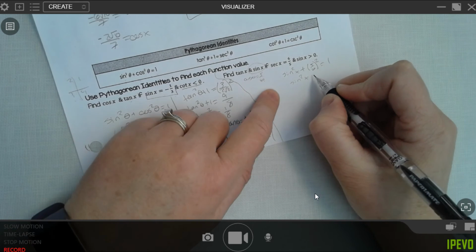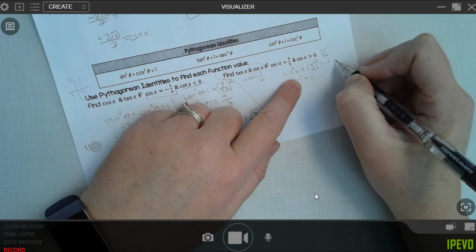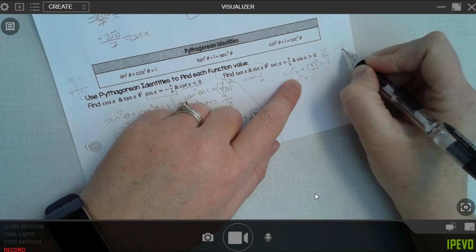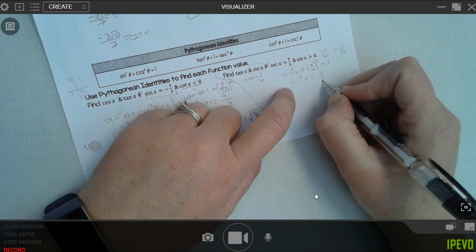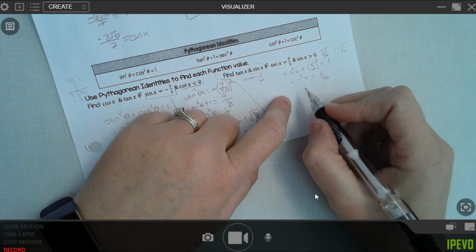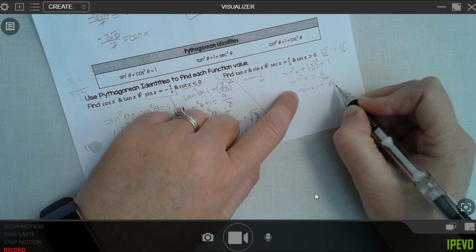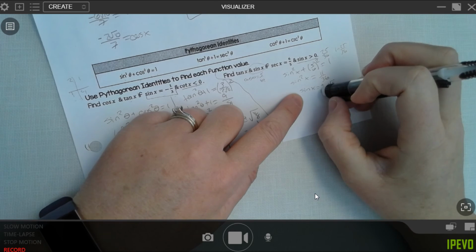So sine squared of x, that would be 25/36. So do 1 minus that. So I'm going to do 1 minus 25 over 36 would give me 11. So I get 11/36. Square root both sides. So I get plus or minus square root of 11 over 6. And then I'm going to look and I'm going to say sine is positive, so I keep the positive right here.